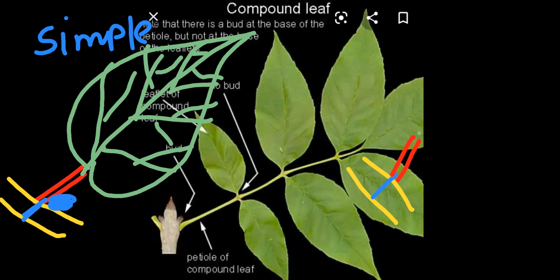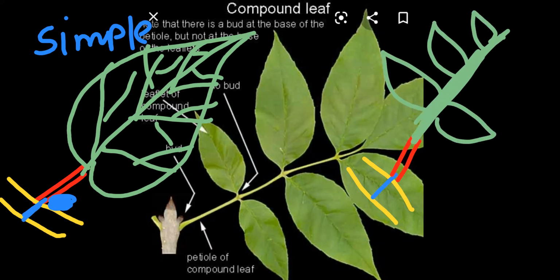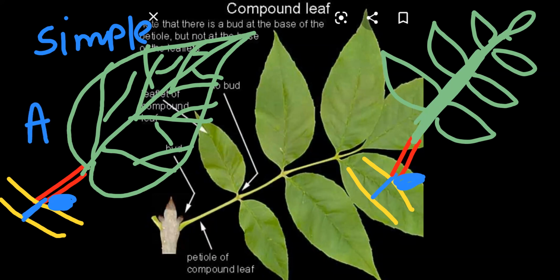In this one, a different kind, and then over here the axillary bud is present. Can you tell me, this one is diagram A, in which we can see a single leaf is present. In case of B, how many leaves are present?